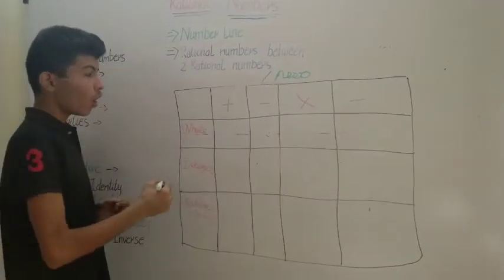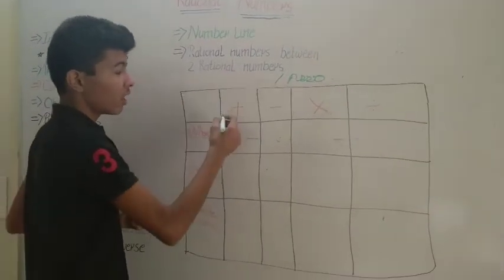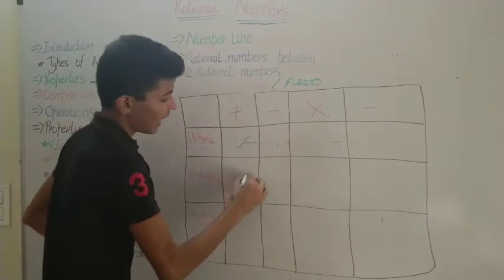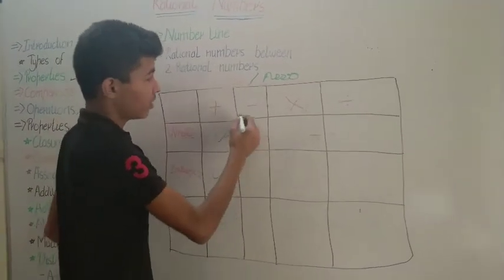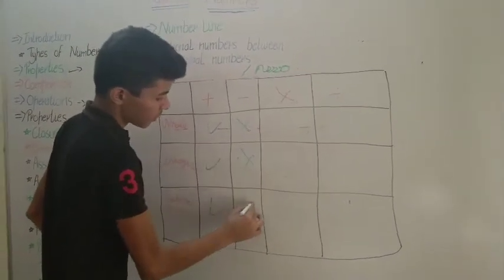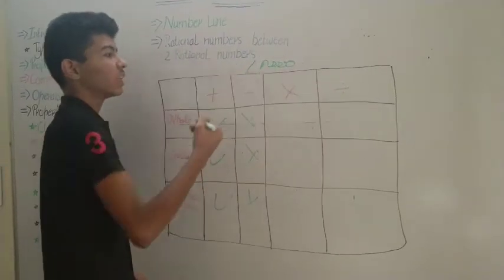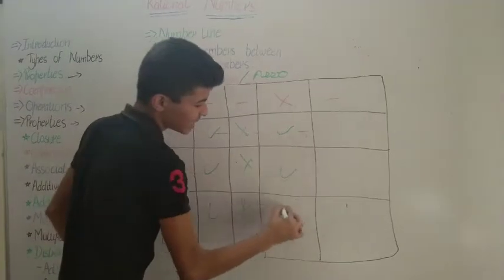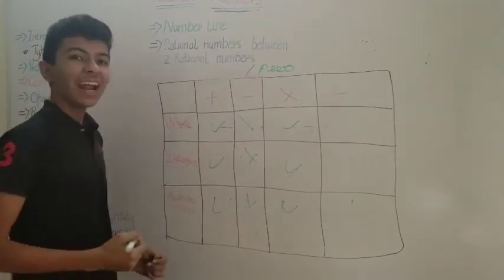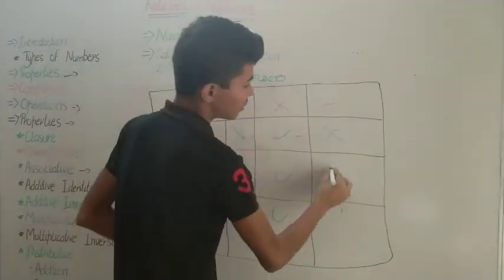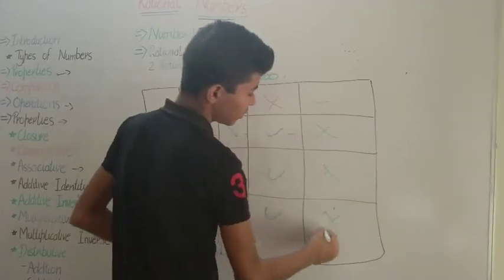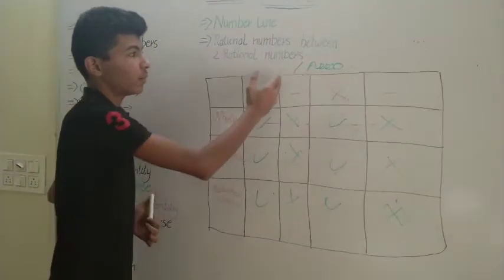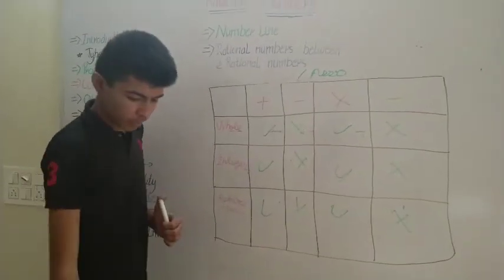All the whole numbers are closed under addition, that is commutative and associative. Subtraction is neither commutative nor associative. It is true for multiplication for all the numbers, and it is not possible for division to follow that property. This is how commutative and associative work.